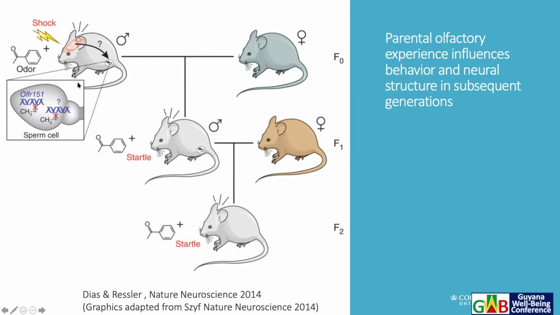They did it on male rats, and then they mated the male rats with females, and they followed multiple generations. What they showed is that when the first and the second generation were exposed to the cue, to the cherry blossom, even without being trained that the cherry blossom is bad, they started to be startled. They had this fear reaction that is very typical and visible. This really seemed to indicate that the experience of the father was transmitted down to the sons.